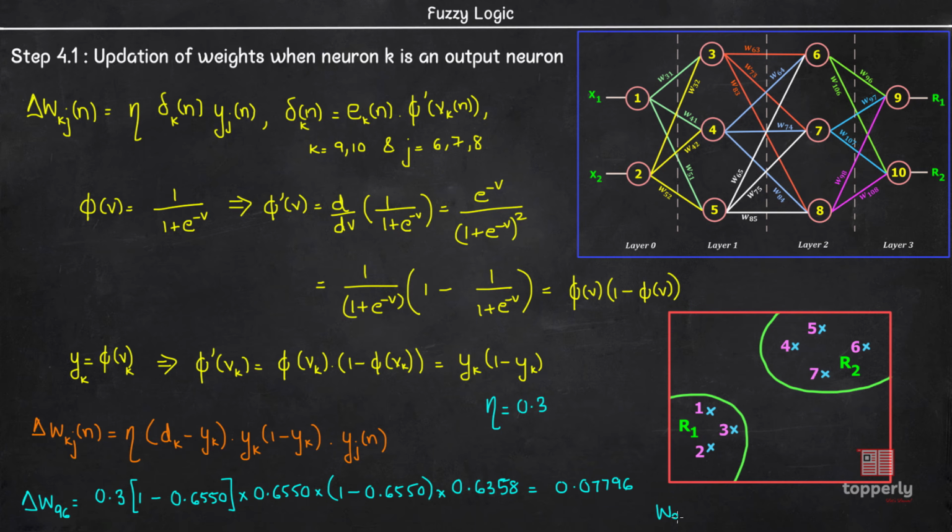Therefore W96 of n plus 1, that is the value of W96 in the next iteration, is equal to W96 of n plus delta W96 of n, which is equal to 0.3 plus 0.07796, which is equal to 0.37796.